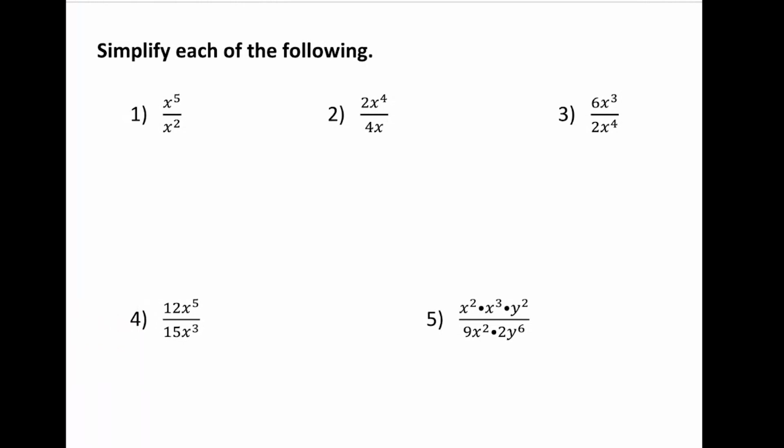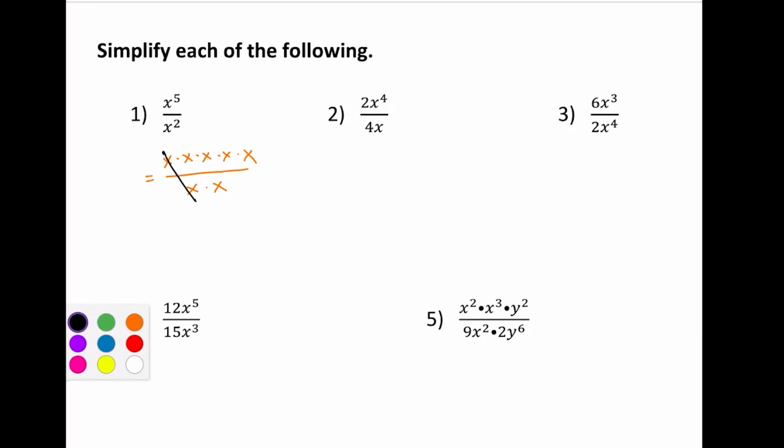Okay, so number 1 is x to the 5th divided by x squared. So if I expand that, I get x times x times x times x times x over x times x. And I can cancel out pairs of x's because x divided by x is 1.